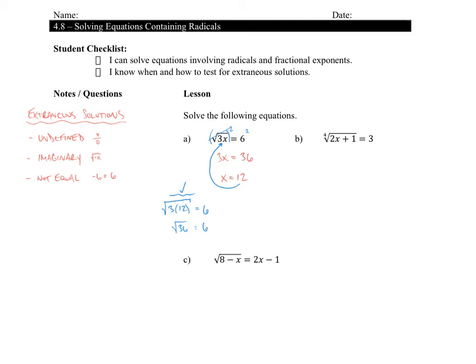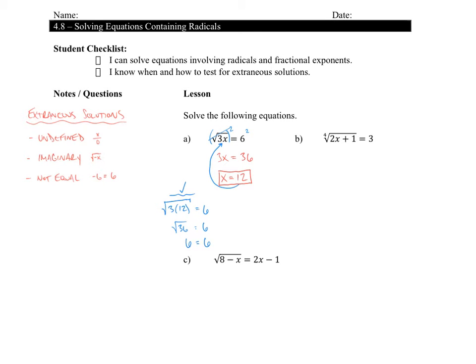There may be cases in the future where you're taking other math classes where you might see this written as plus or minus the square root or the fourth root or third root or whatever. But in this case, all that says is the square root. So this is implying right now, because it's already written, I didn't create this square root, it's already there, it's implying that I want only the positive solution. So 6 is the square root of 36, and 6 equals 6, so we're fine. 12 must be our solution there.